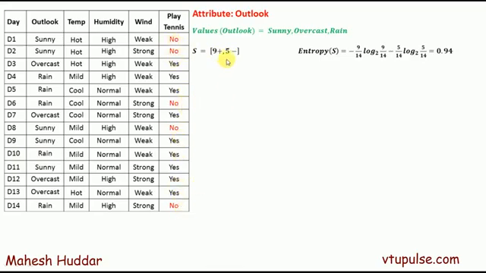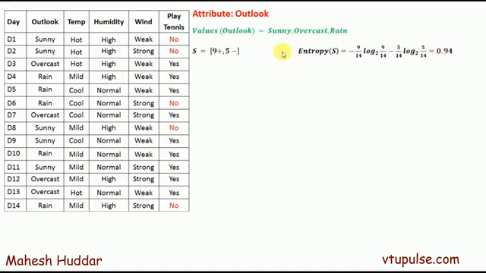So the entropy of the whole data set S is equivalent to minus the proportion of positive examples, that is 9 divided by 14, log of 9 divided by 14 to the base 2, minus the proportion of negative examples, that is 5 divided by 14, log of 5 divided by 14 to the base 2, which is equivalent to 0.94. So this is the entropy of the entire data set.